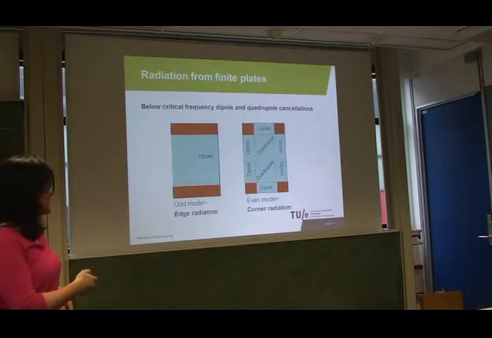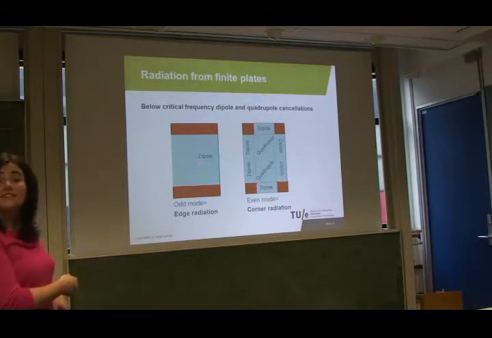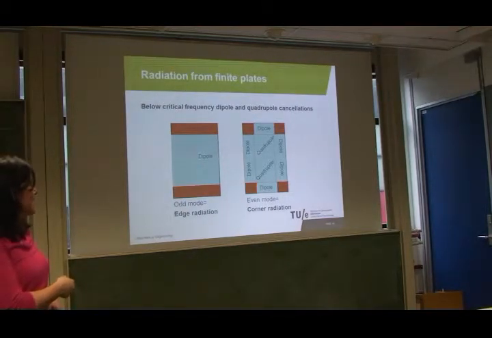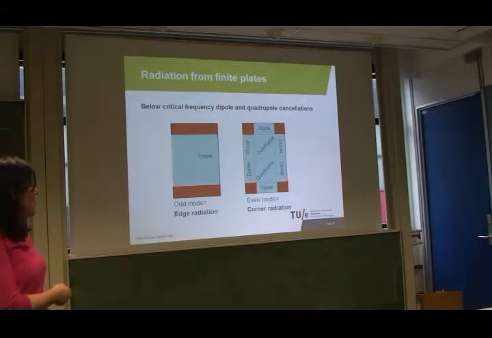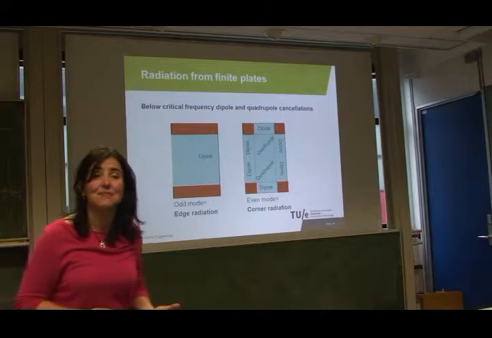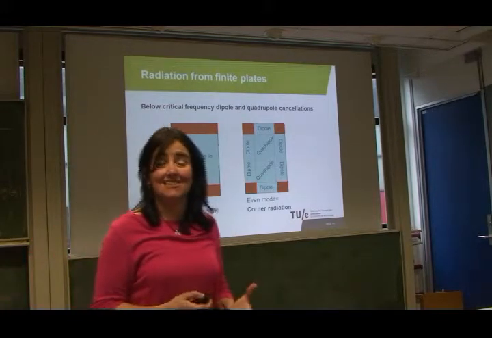So we get dipole cancellation, we call it. So this plus and this plus cancel out with this minus, let's say it like that, and we keep radiation only at the edges. And this is what one calls edge radiation.